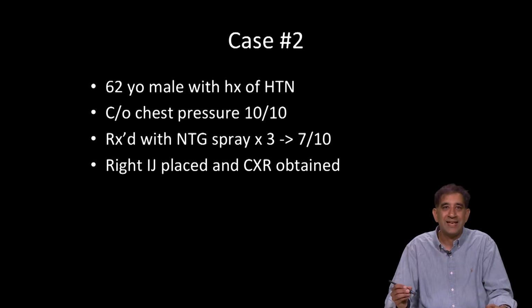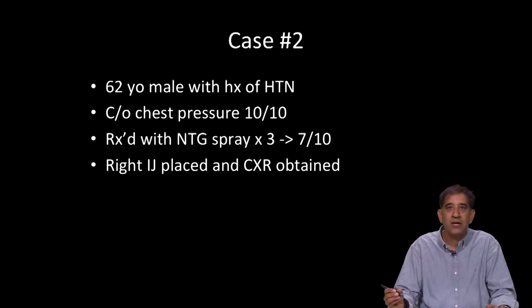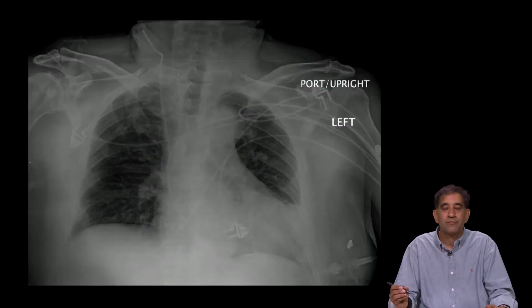Case number 2 is a 62-year-old male with a history of hypertension. He complains of chest pressure 10 out of 10. He is treated with nitroglycerin spray ×3, and his chest pain only goes down to a 7 out of 10. They place a right internal jugular central venous catheter and get a chest x-ray, and here is what it looks like.